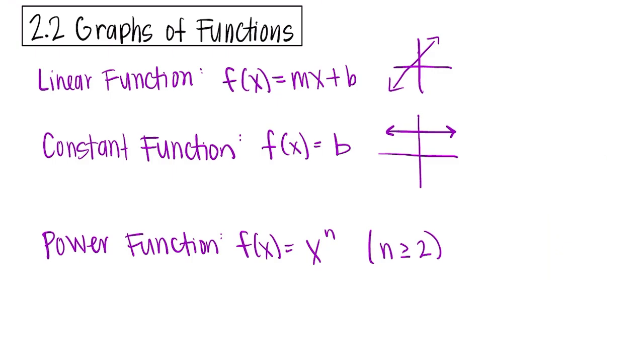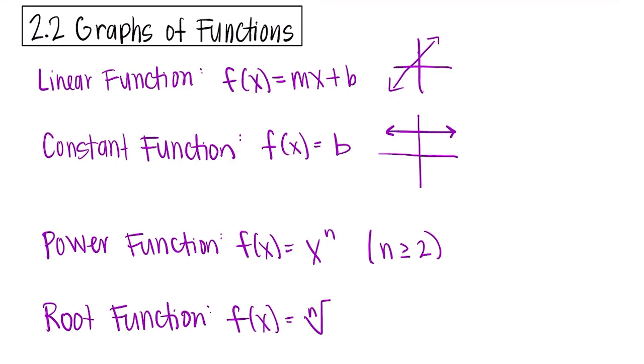And then the root function is something like f of x equals the nth root of x, which I could also say is x to the 1 over n. And n would need to be an integer greater than or equal to 2.